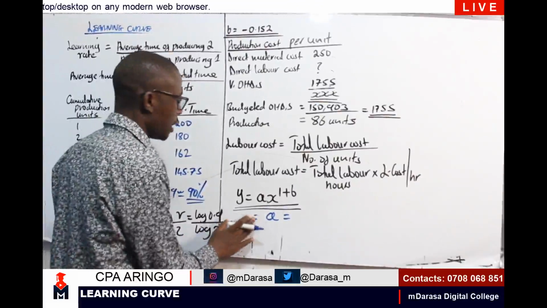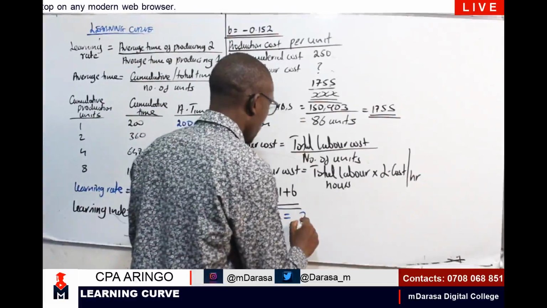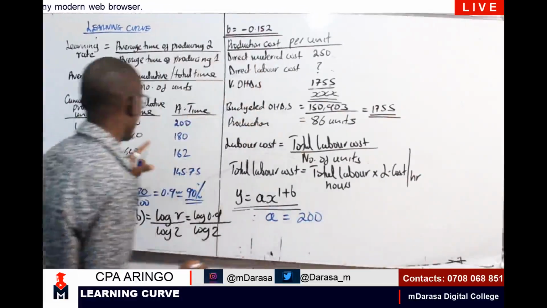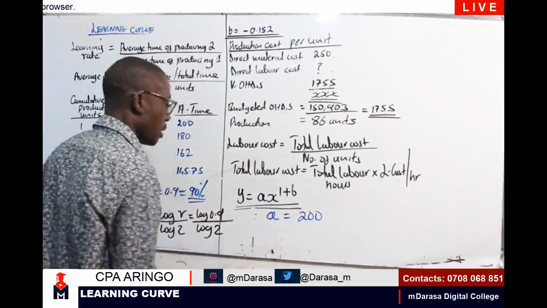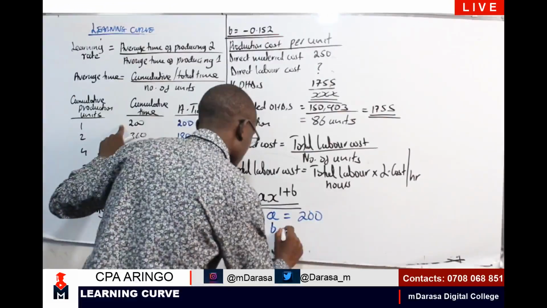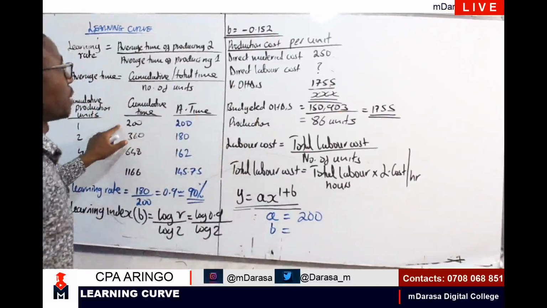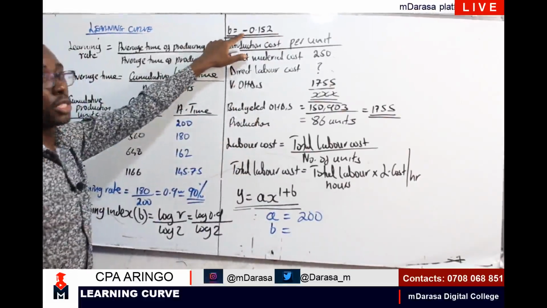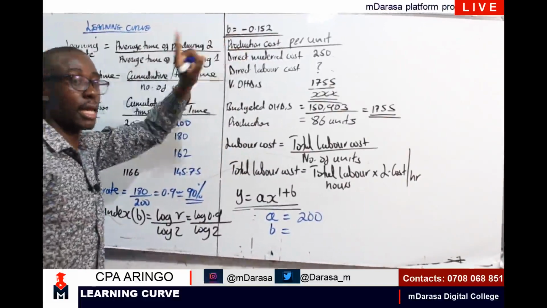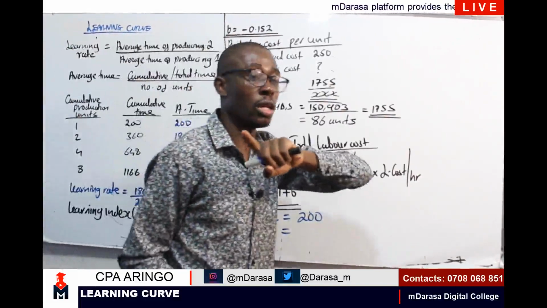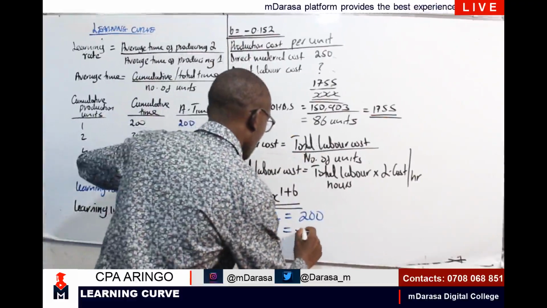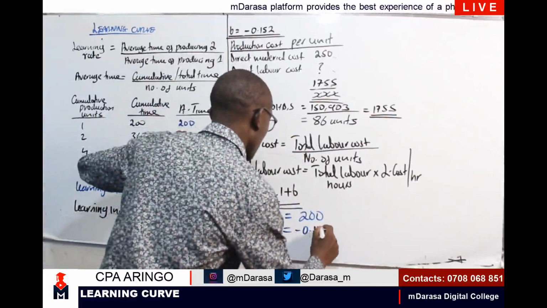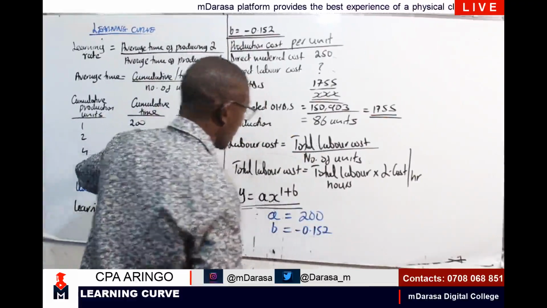So confidently, I can say my A is 200. Recall what we determined earlier on: B, my learning index. Already, we have determined our B, which we calculated, and I do believe you still recall how we computed that one. So I'm having negative 0.152. That is our learning index.